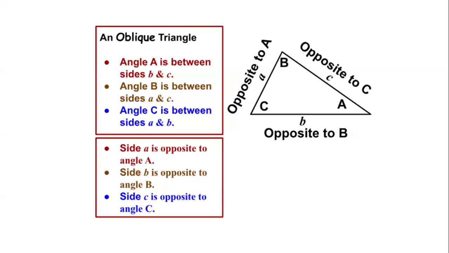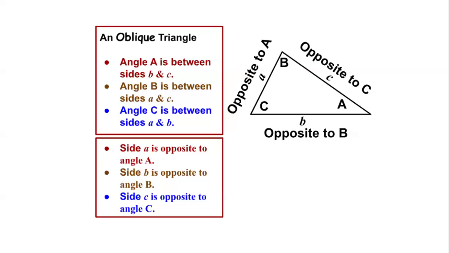So the characteristic words for the oblique triangle are between and opposite, but for the right angle triangle, they are opposite, adjacent, and hypotenuse. As you can see, the words adjacent and hypotenuse cannot be mentioned for the oblique triangle.